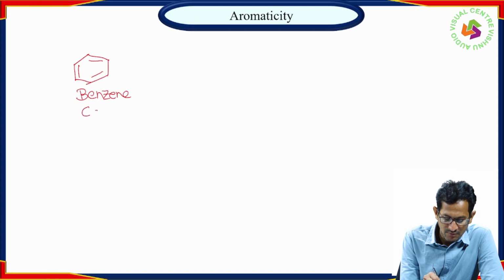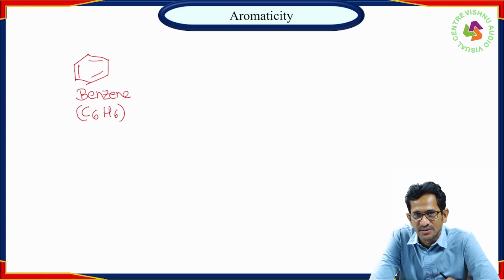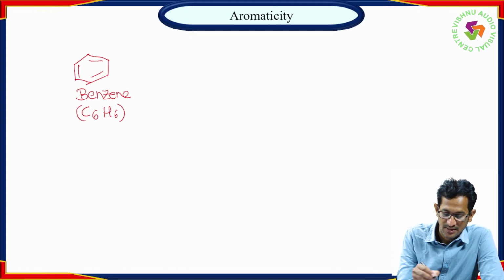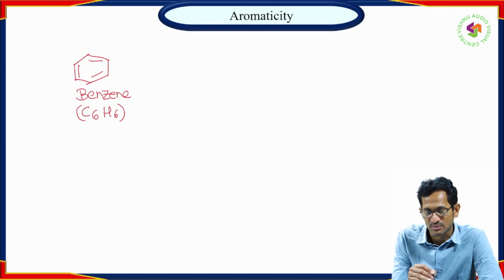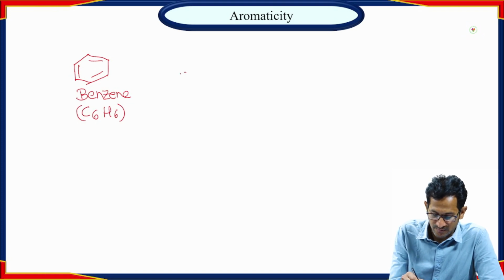The molecular formula is C6H6. Whereas its precursor, the six carbons, I will write one more structure of an aliphatic compound.